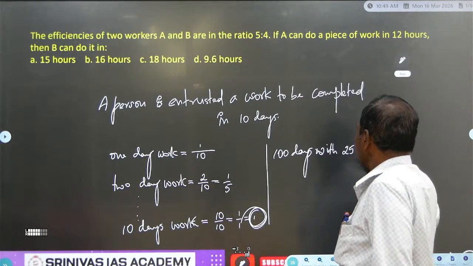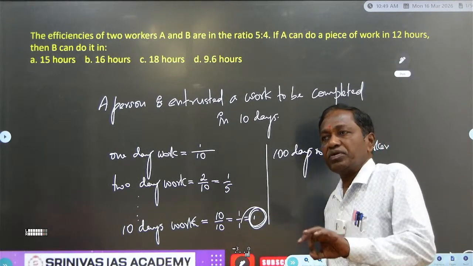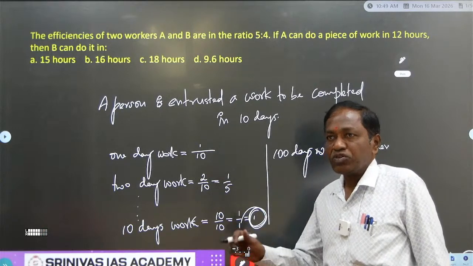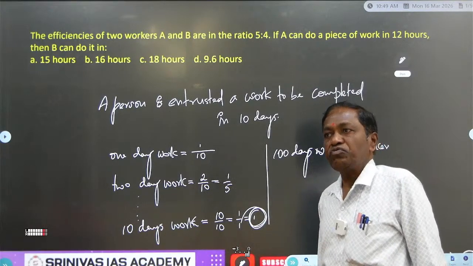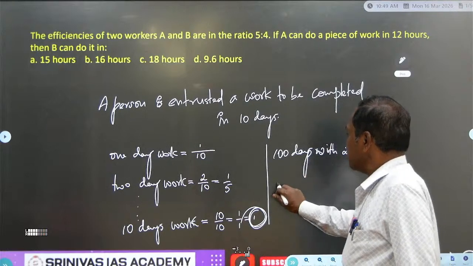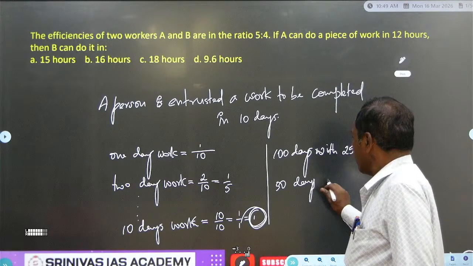With 25 workers, he can finish that project in 100 days. The government says elections are coming up and we want to show something to the public, so finish the work in 50 days. So he is supposed to finish in 50 days because of the government order.